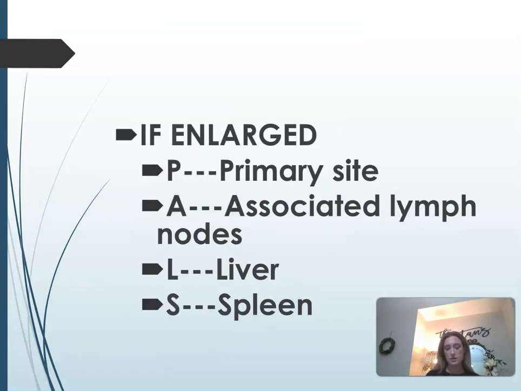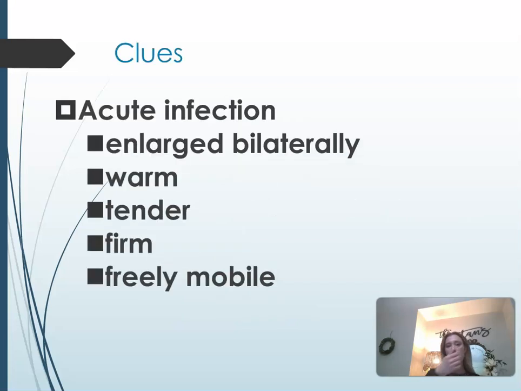All right. And then just noting again their location and what it could potentially be associated with if they are enlarged. Typically with an acute infection, they're going to be enlarged bilaterally, so on both sides, not just unilaterally on one side.